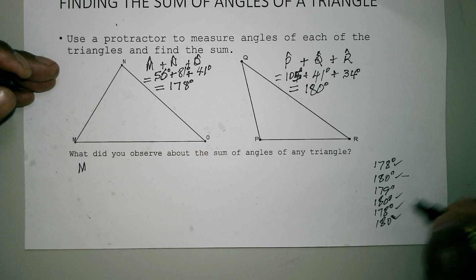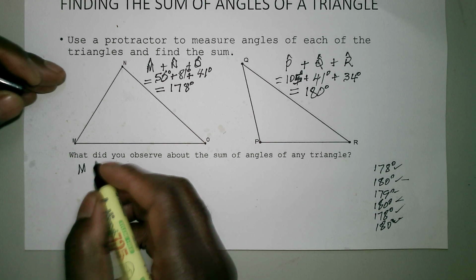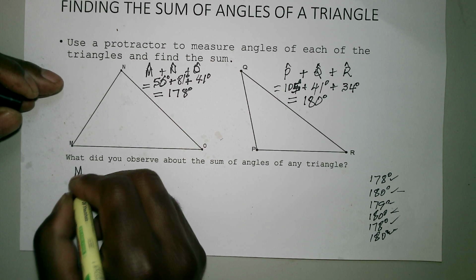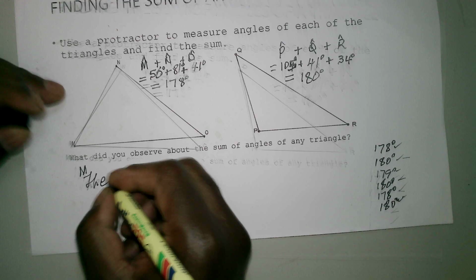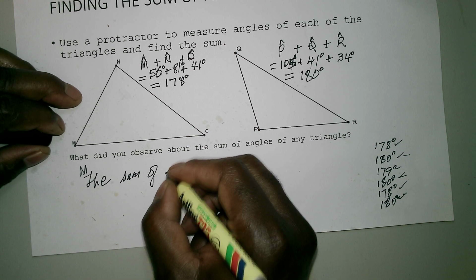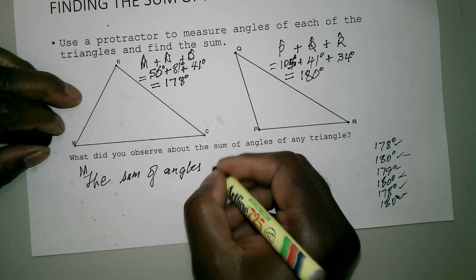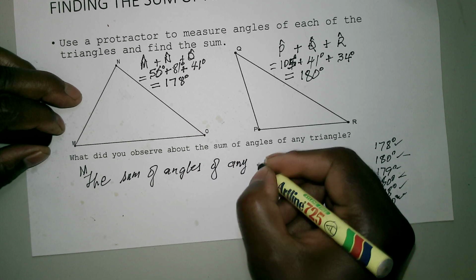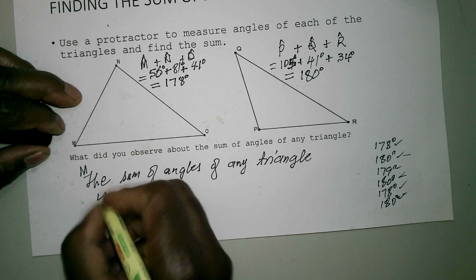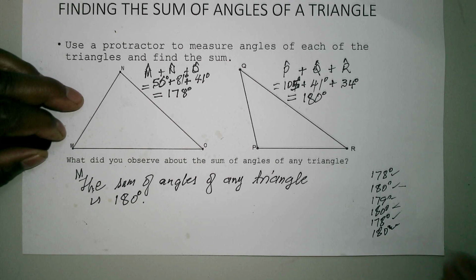Although the number of triangles is not enough, you can do 10, you can do 20 to come to a conclusion that the sum of angles of any triangle is 180 degrees. So you need more time to do this. For now, we can conclude that the sum of angles of any triangle is 180 degrees.